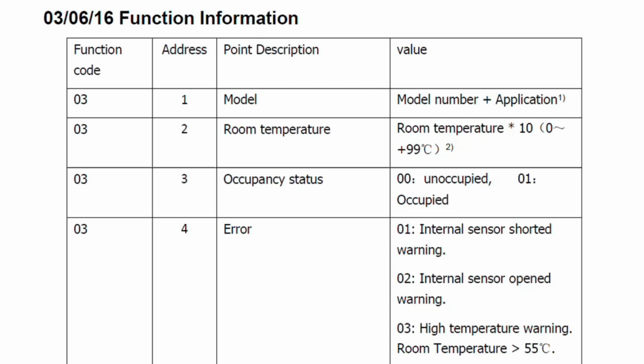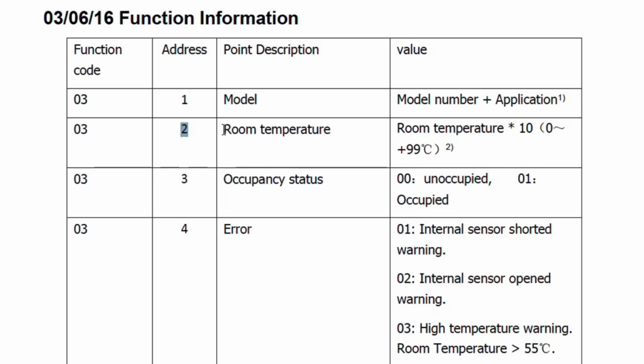Now we can see how we can define the address register in the program. Before doing that, I just want to point out some important things. Since the master is on a zero-based addressing scheme, we need to subtract 1 from the thermostat address list, as the thermostat is on a 1-based addressing scheme. That means if we need to read room temperature, we have to subtract 1 from the address, that means 2 minus 1.